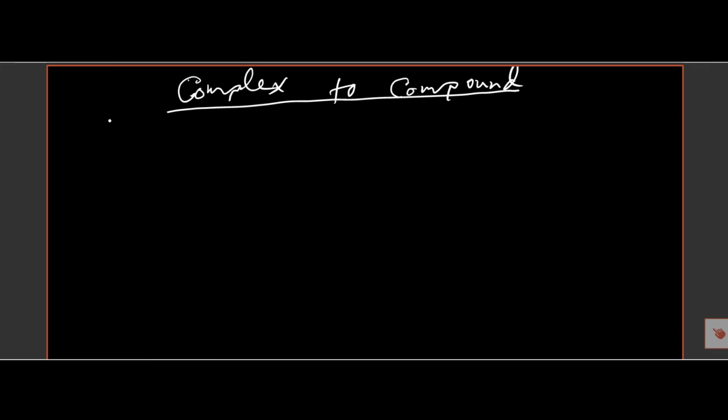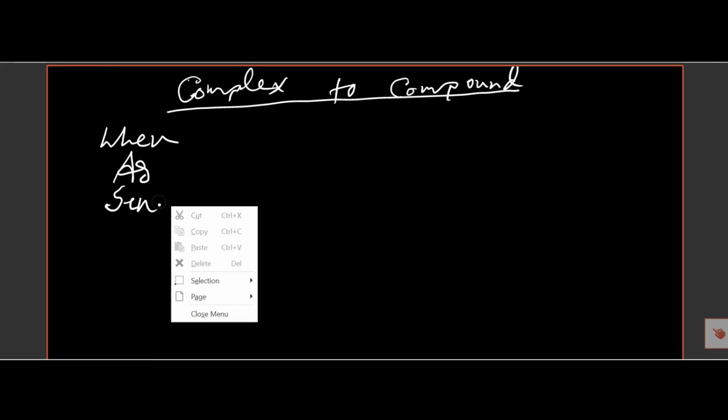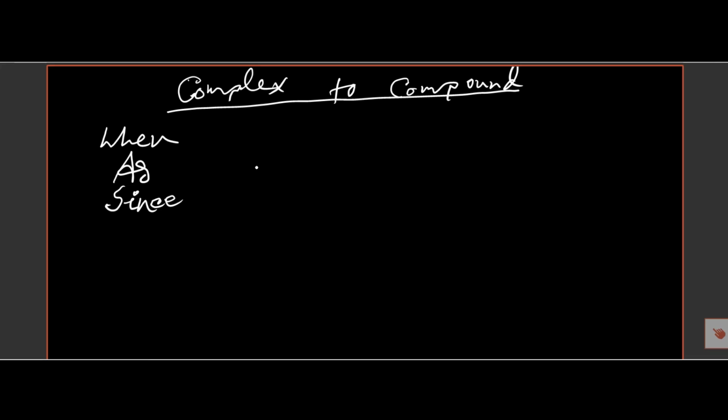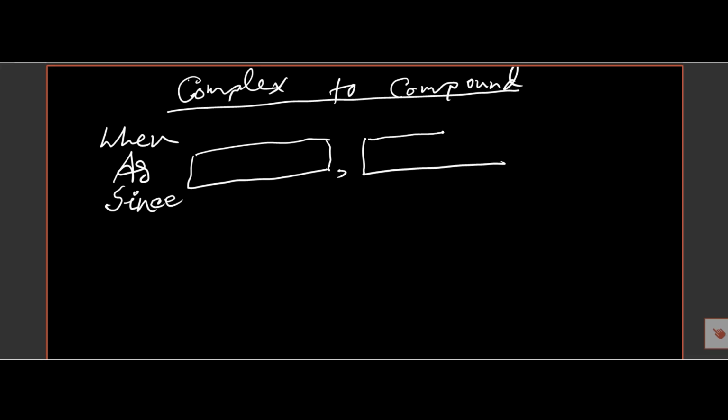So there are some structures here I am going to discuss, and the first one: if the sentence begins with when, as, since, then there is a part of a sentence and the other part of the sentence, with a conjunction, when, as, since.